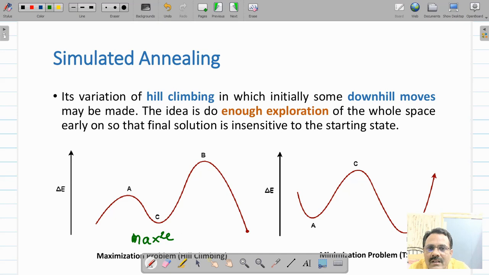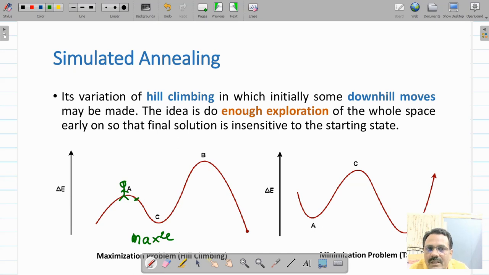Now if you modify this hill climbing search algorithm and incorporate downhill moves also. Downhill move means once you reach this point A, if you allow your algorithm to select a neighborhood solution which is not better than A, you are going down. This is called a downhill movement. You have to go up because it's a maximization problem.